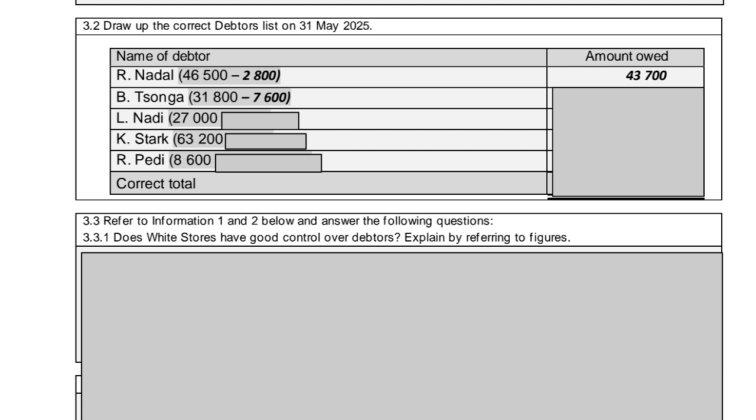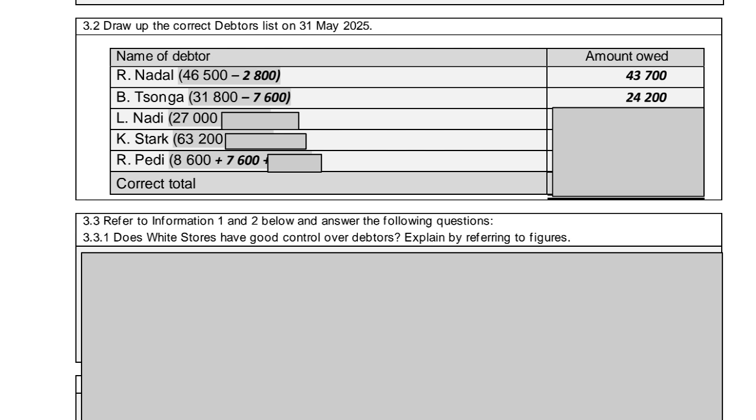So if we say 31,800 minus 7,600, we get an amount of 24,200 Rand. And then we've got to go to R. Petty's account and add the 7,600 Rand that belongs to his account.